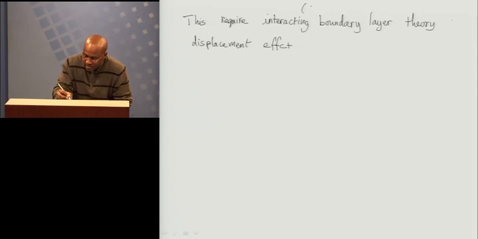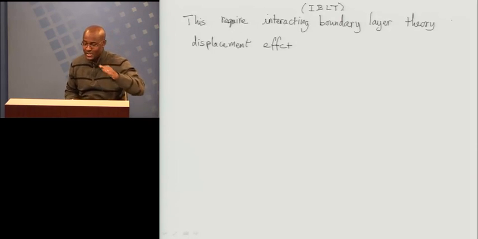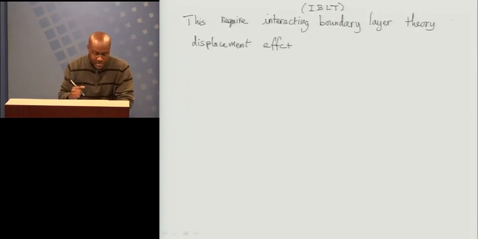And whenever I mention this, I just abbreviate it as interacting boundary layer theory. So when you see that in your notes, because I'm not going to write interacting boundary layer theory every time, this is what it means.